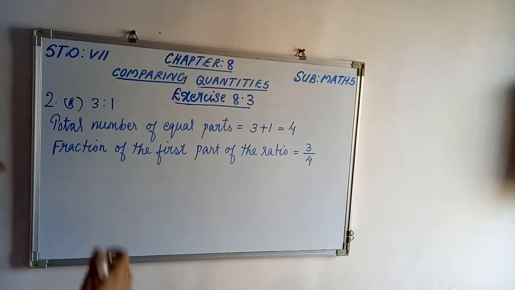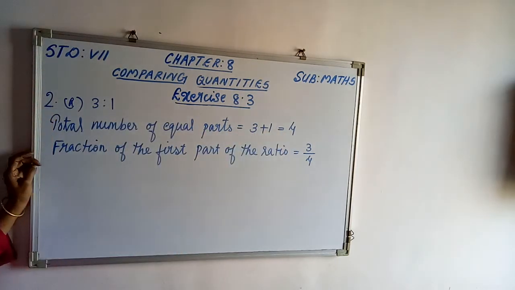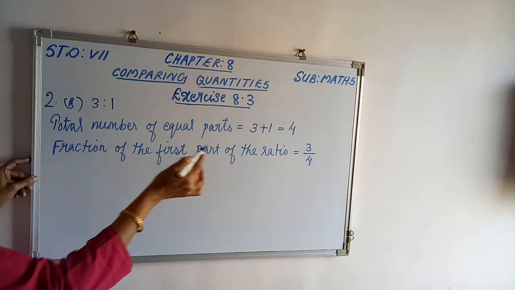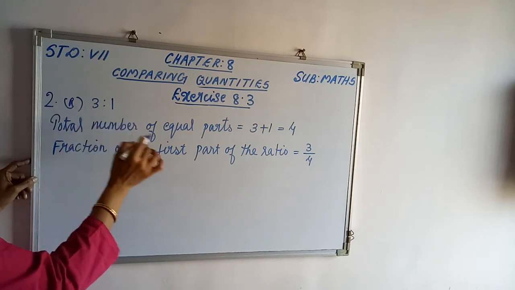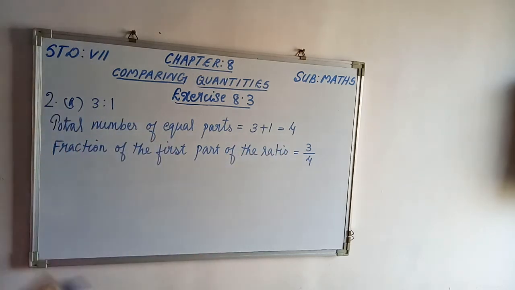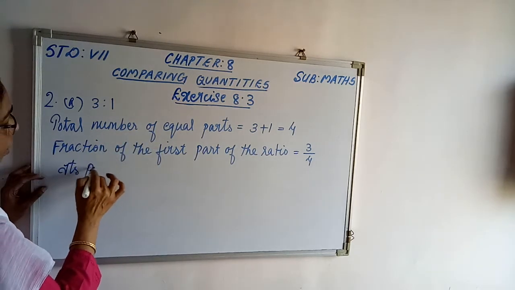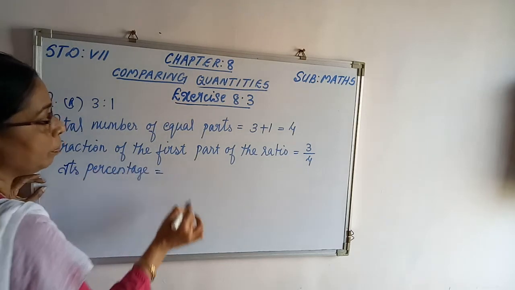See here, total number of equal parts, 3 plus 1 is equal to 4. Then first we will write fraction of the first part of the ratio. Which is the first part of the ratio? That is 3. So total parts 4. So 3 upon 4. That is the fraction of the first part of the ratio. Now we can find out its percentage. How to find out percentage?